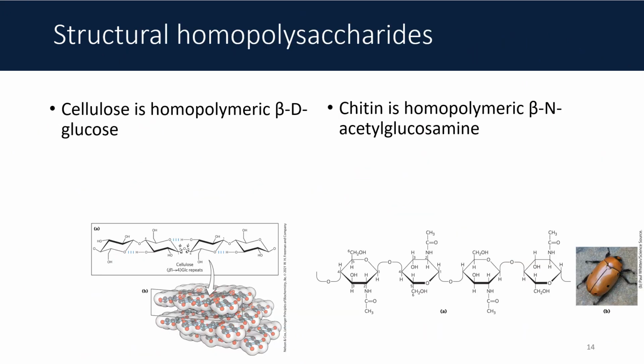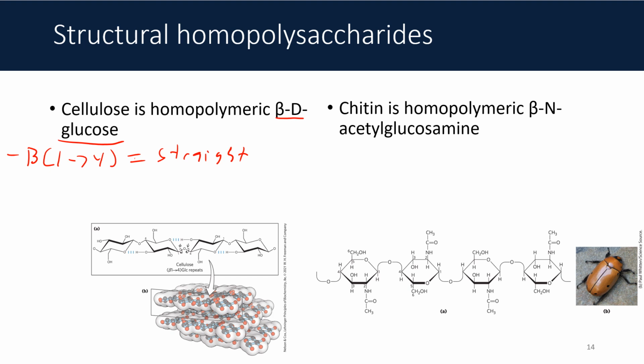Let's now talk about cellulose, which is a homopolymer of beta D-glucose. We didn't forget about the beta version. All right, it has a completely different structure from starch. And that's because the beta monomer of glucose is going to form beta-1,4 linkages. And these are going to be straight, not coiled.